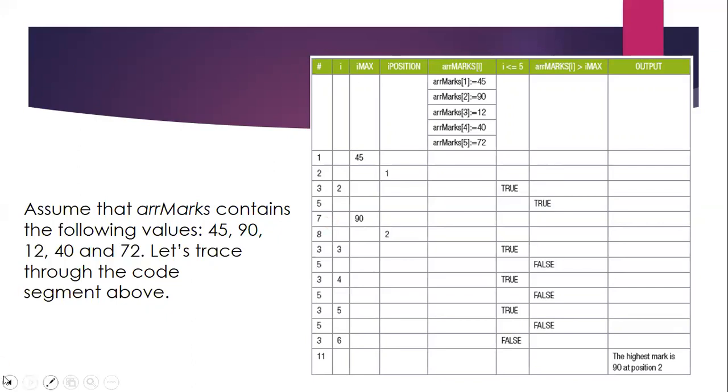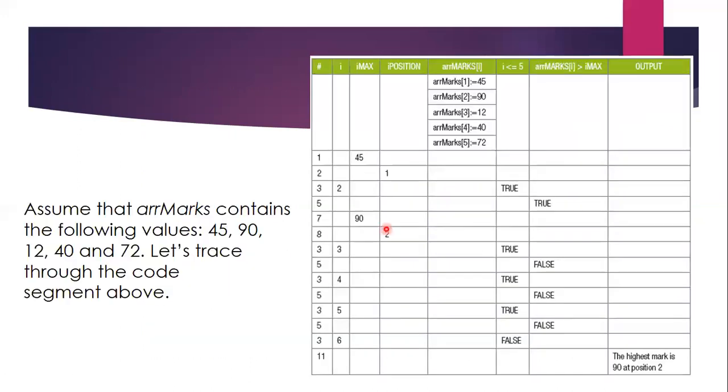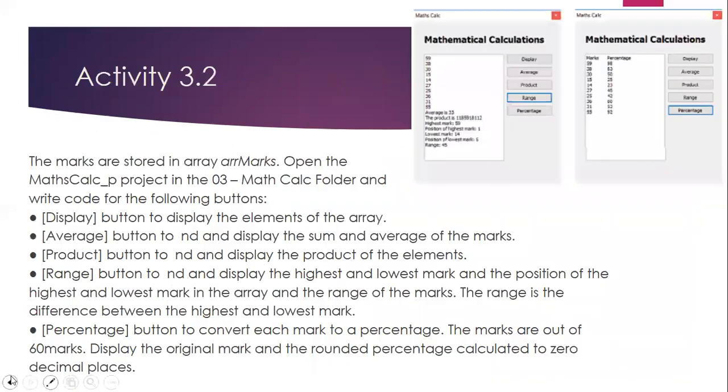Line 7 was here: assign whatever was in R marks I and assign it to I max. So I've got 7, and there we've got R marks 2, and I'm going to assign 90. Step 8, oh, wrong one.